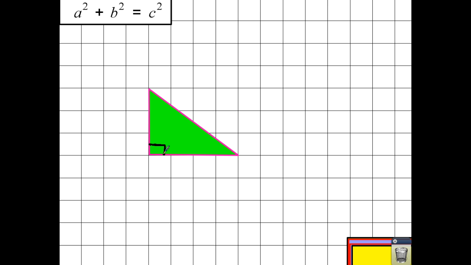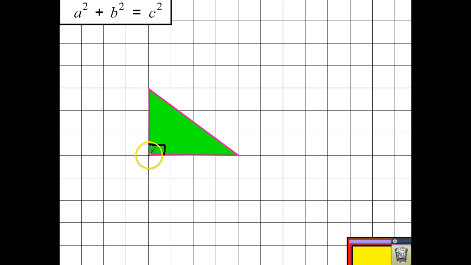What that has done is create, on this grid paper, certain dimensions or lengths of each leg. If I take the vertical leg going straight up and down, I count the units here: 1, 2, 3 units. So if it's a square, a squared, a to the second power, I'm going to create a 3 unit by 3 unit square.